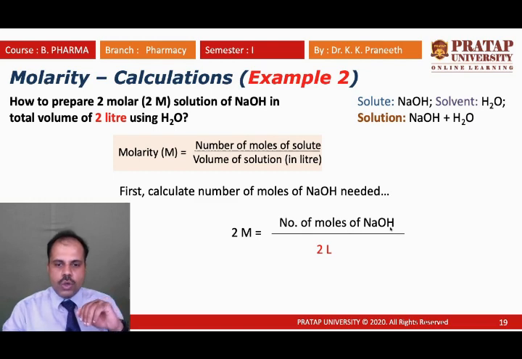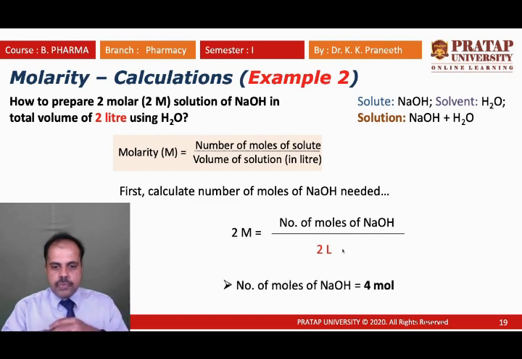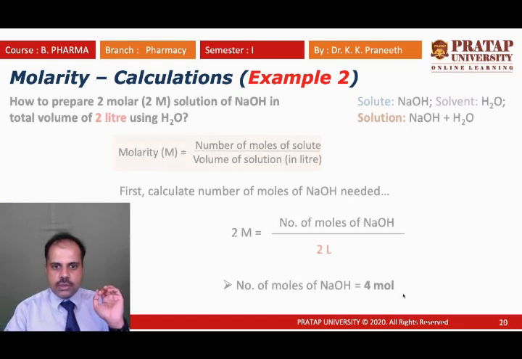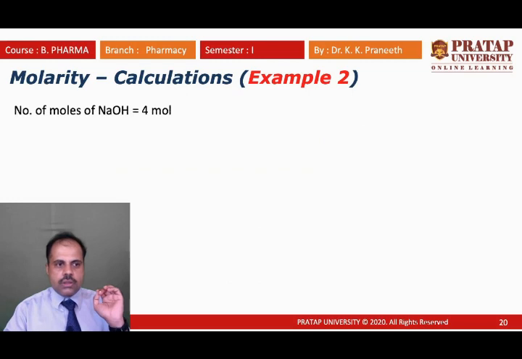The number of moles we need to find out. Here the volume of solution has changed. Previously it was 1 liter, now it is 2 liters, so I put 2 liter here. So the number of moles of sodium hydroxide needed to prepare this is 4 mole, right? So we found that it is 4 mole in this second example.